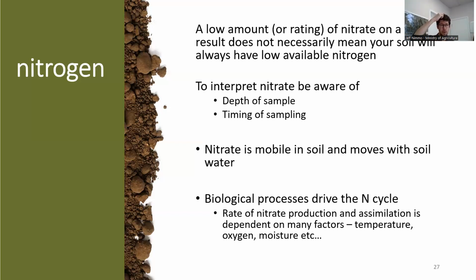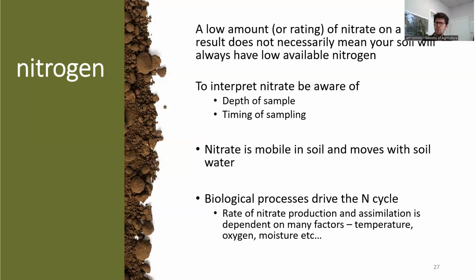And then be aware that there are biological processes that drive that nitrogen cycle. The rate that nitrate becomes available is dependent on the things that influence all the organisms that are involved. Essentially, if we have conditions that provide optimal temperature, a good amount of oxygen and moisture to make nitrogen availability go, then you'd expect more nitrate availability.